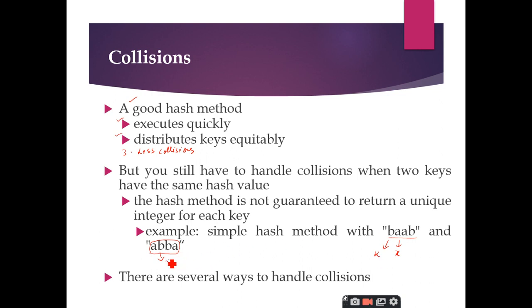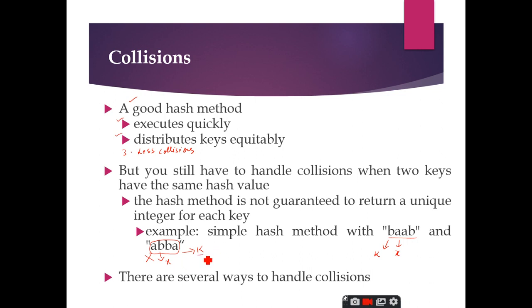This time the value corresponding to ABBA is X and the resultant key is also K. So I should not neglect this one. Never ever lose these values. It is mandatory that you store all the strings inside the hash table.